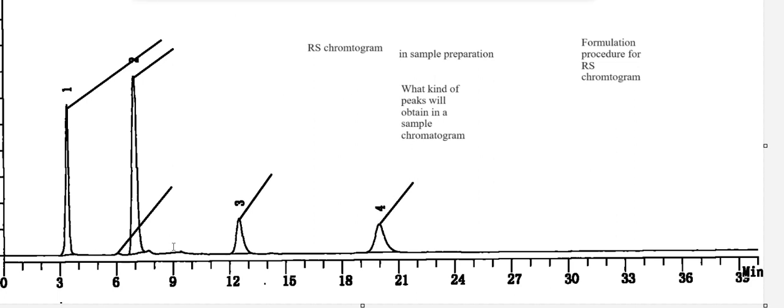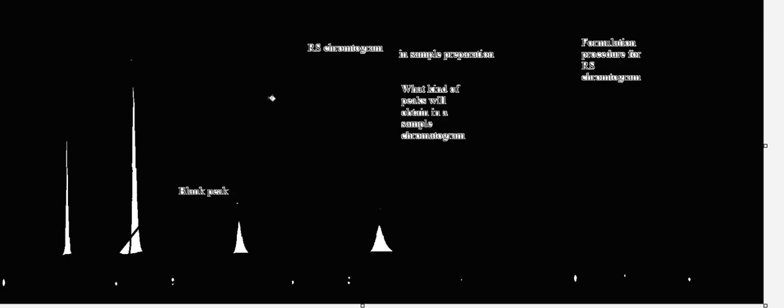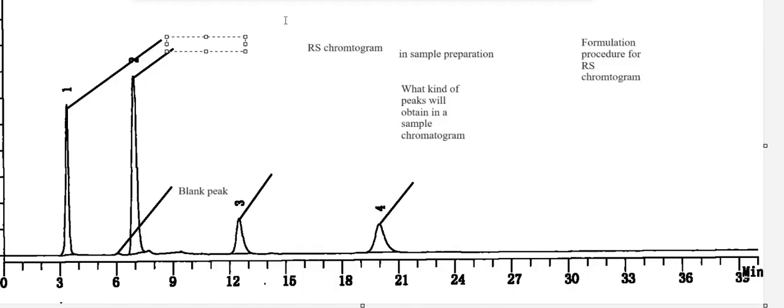So that would be the blank peak, placebo peak, sorry, placebo peak here, and this one will be the API or main peak.